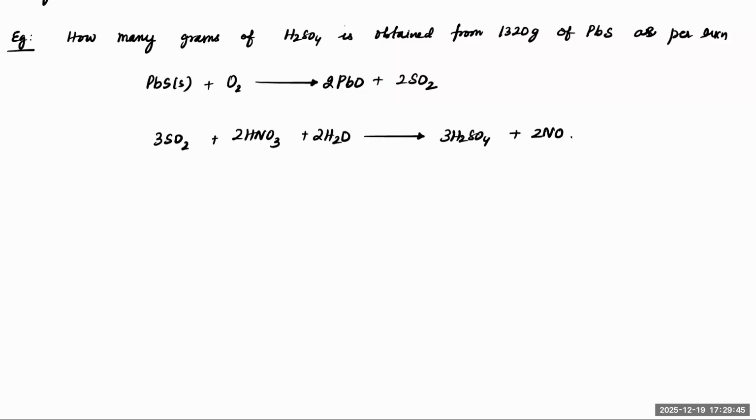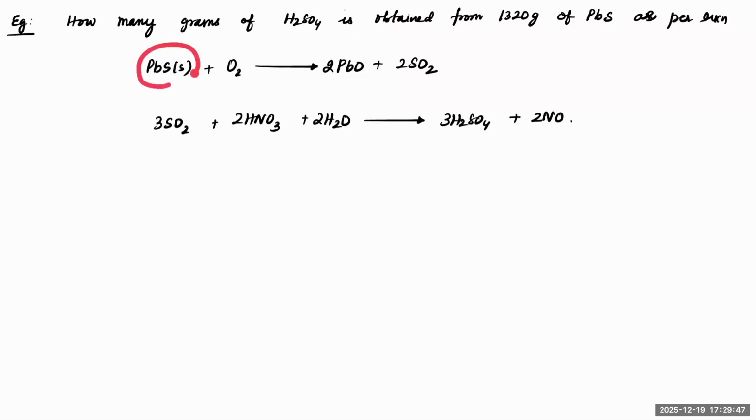Now, you're supposed to relate this one with this one. So you need to find out what is common between those two reactions. The common one is what? SO2. So you have to understand that carefully.